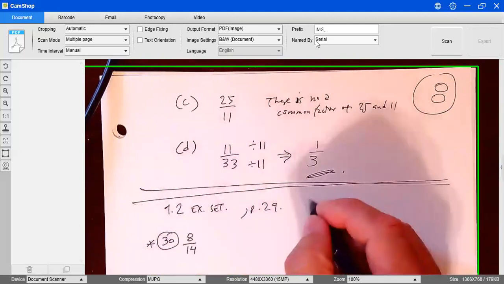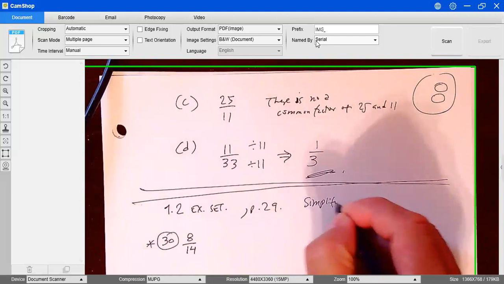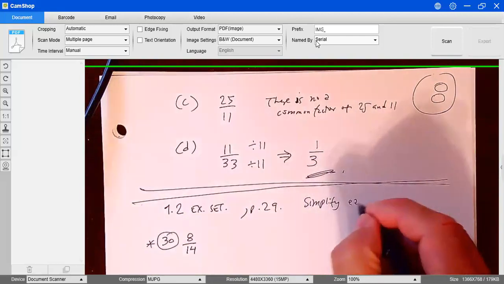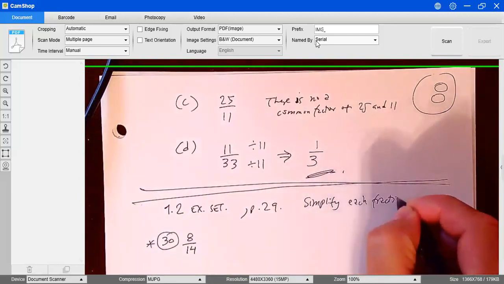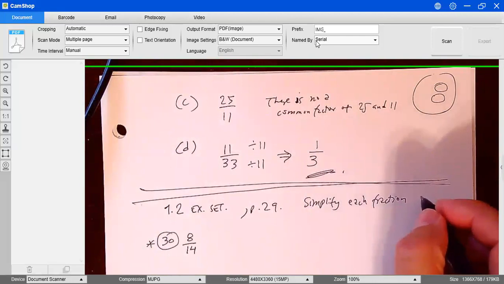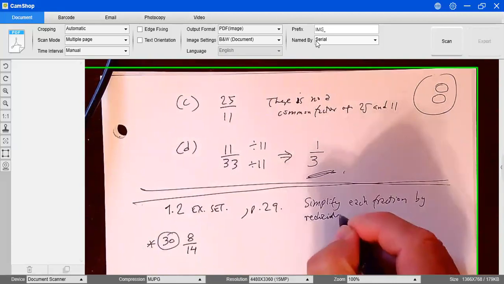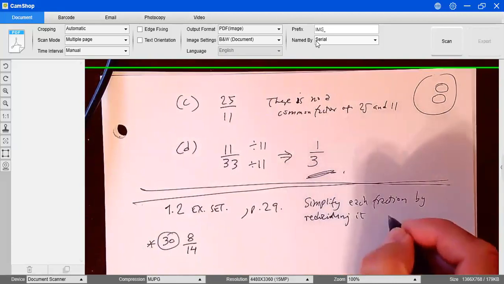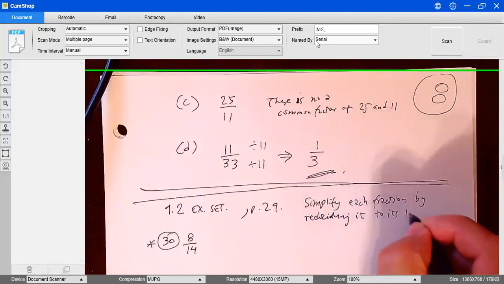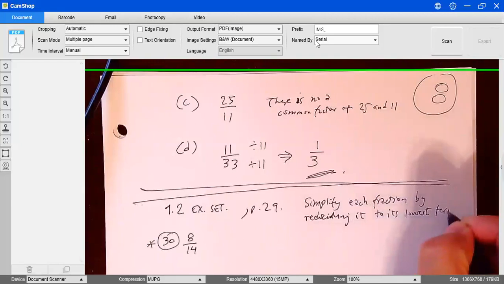So the directions are gonna be: simplify each fraction by reducing it to its lowest terms.